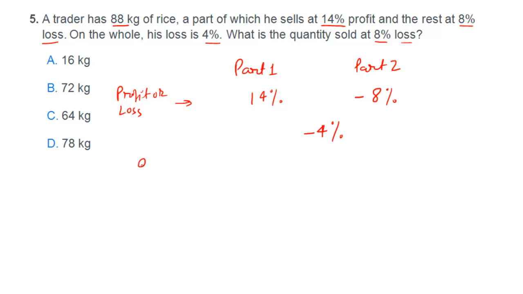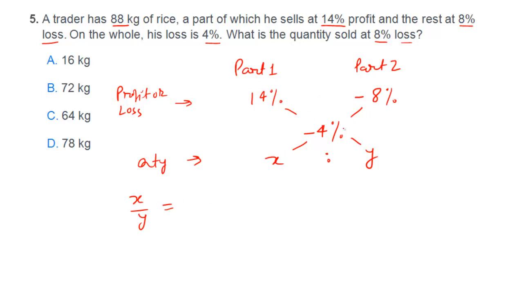Okay, and then here I will write quantity, in which ratio he should take it. So let's assume x is to y as we have been doing in all the questions. So we will just apply the alligation rule here. So x by y or x ratio y should be equal to, go in the direction of x.